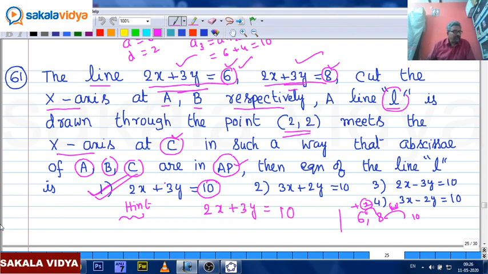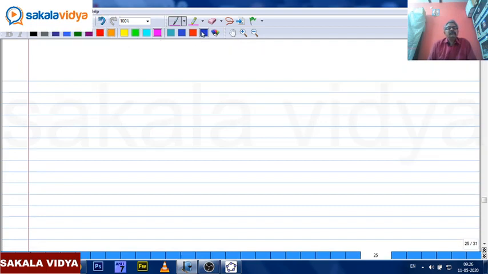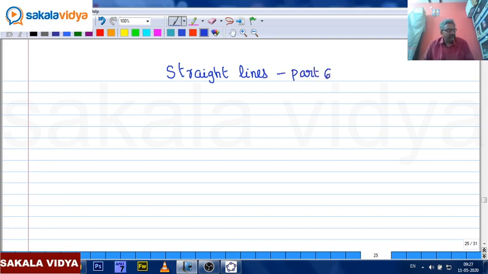So this was the last question we have discussed yesterday. Now straight lines, Part 6.